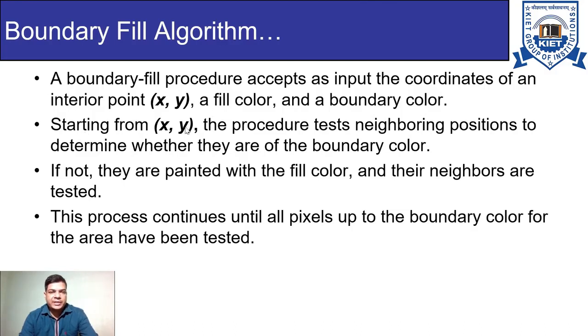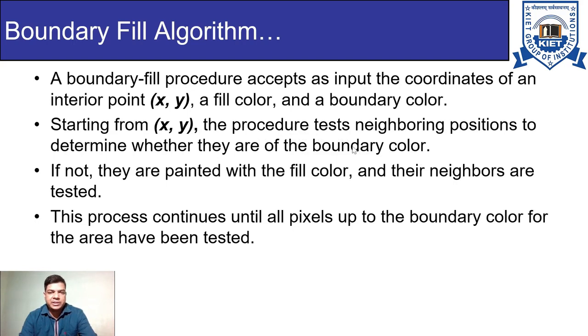Now starting from (x, y), the procedure tests neighboring positions to determine whether they are of the boundary color. So we are moving in all directions until we find the boundary color.